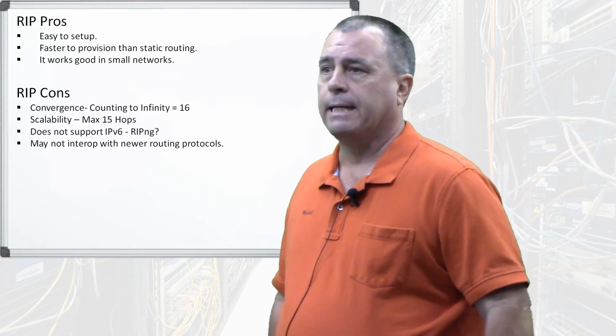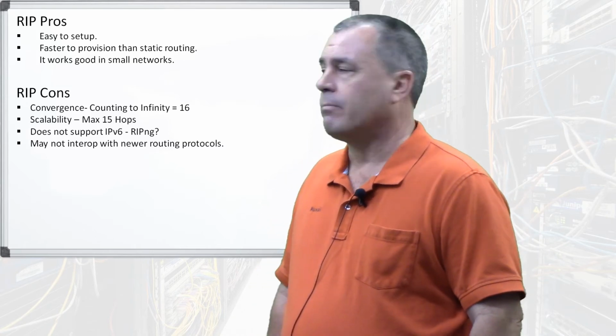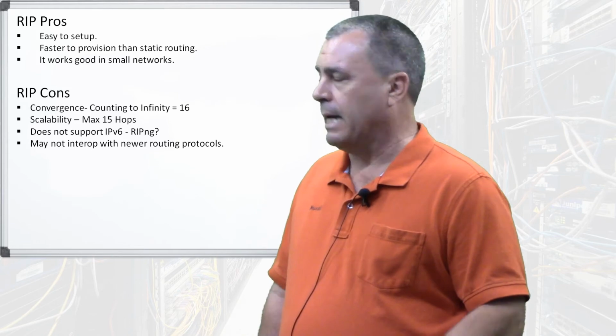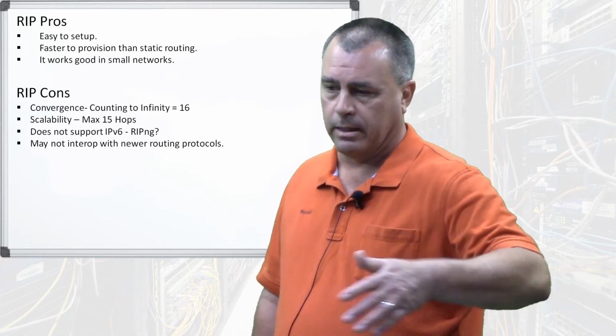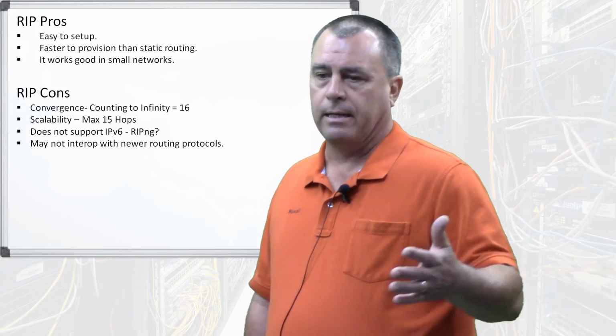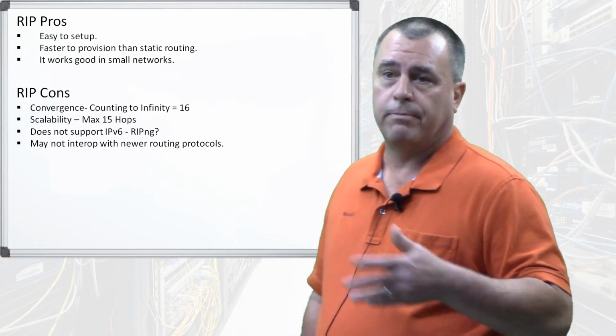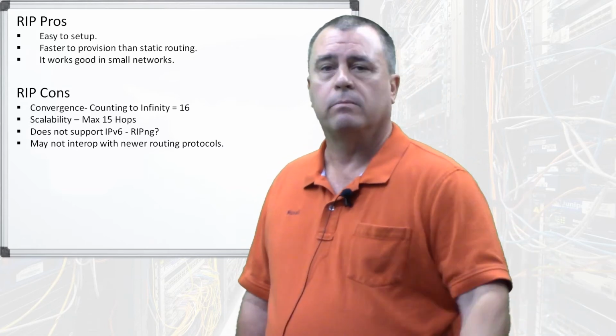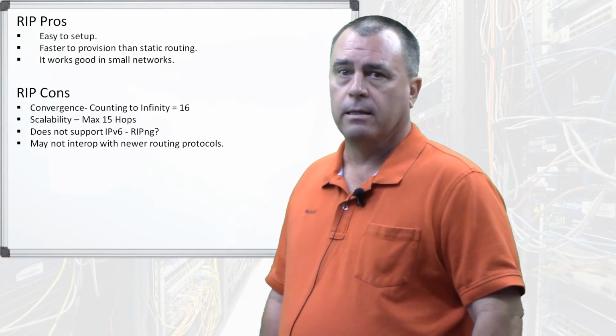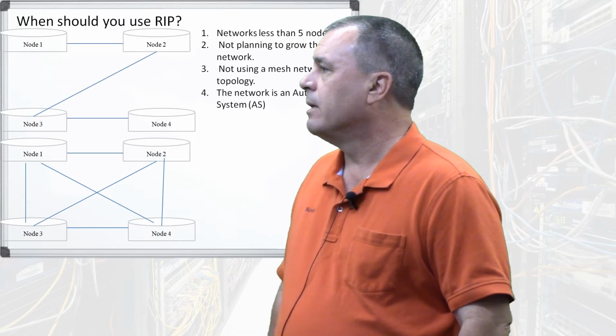So you might keep that in mind before setting it up. If you're planning on growing this network, and well, if you're planning on growing any network, I'd probably not use RIP. But if you just need it for something quick and dirty, it's great.